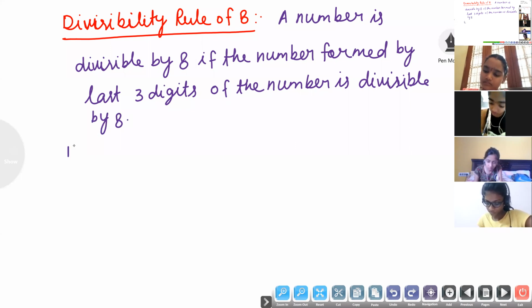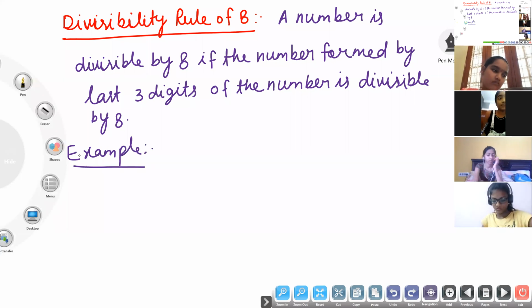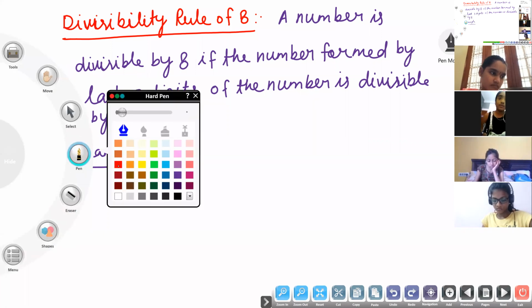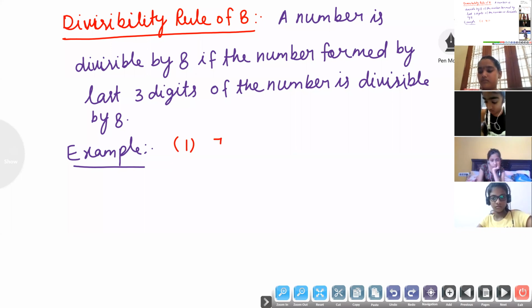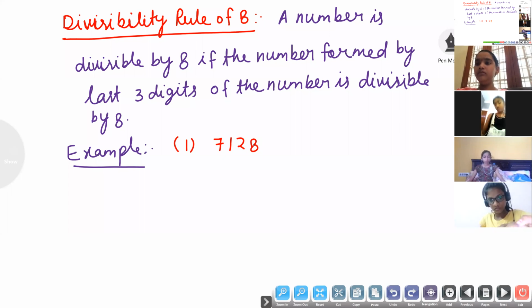Example. First example, 7128. If any number is given and I want to check whether it is divisible by 8 or not, then at that time I want to check the last three digits.